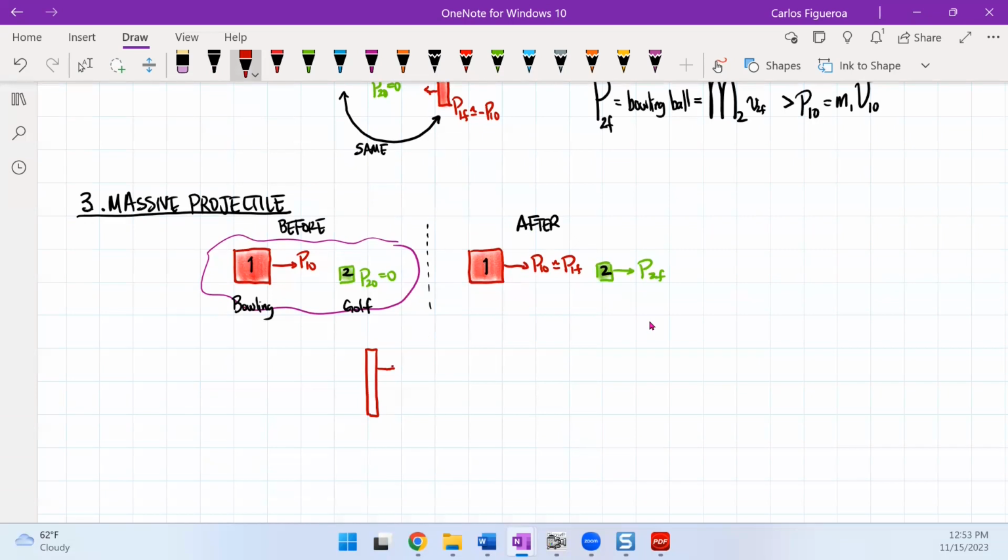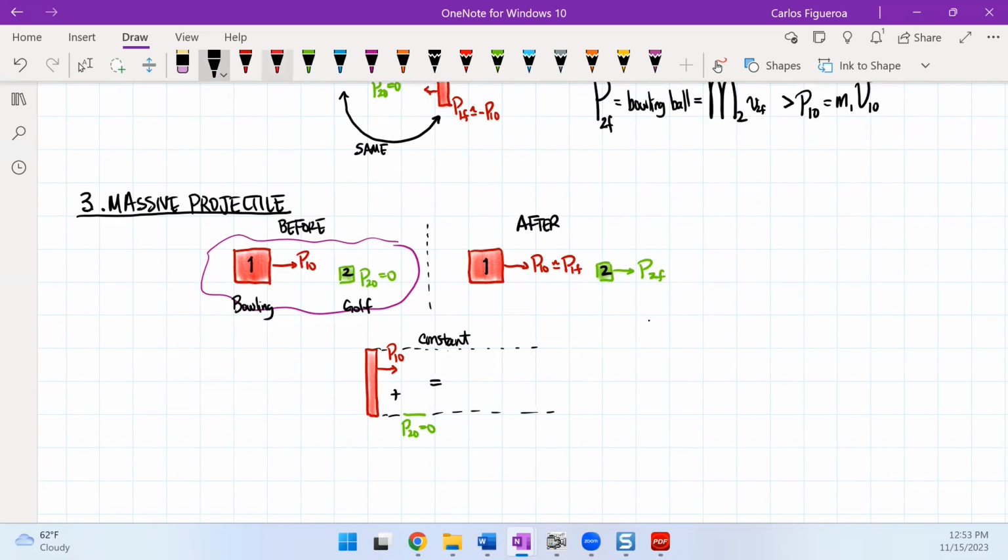And where is that momentum going? It's going to the right. The momentum of the golf ball, of course, initially is 0. So what this tells us is that these momentums have to adjust to keep this constant. The total momentum of the system must remain constant.